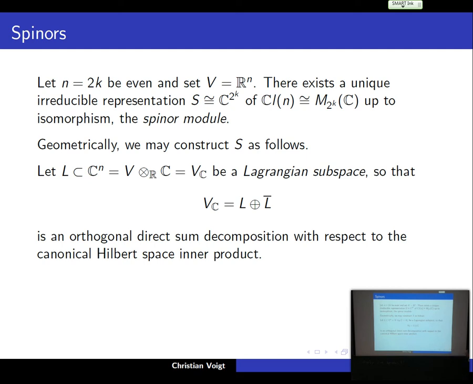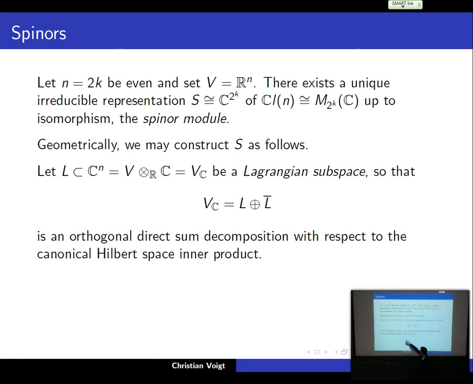So pick a Lagrangian subspace in the complexification, which is just a maximally isotropic subspace for C to the n with the usual bilinear form. Or if you want to phrase it differently, you can pick a complex subspace L which decomposes the complexification in a direct sum of L with its complex conjugate. Notice that V complexified is a complex vector space, so we have a canonical notion of complex conjugation, and this is an equivalent way of phrasing what it means to be Lagrangian.